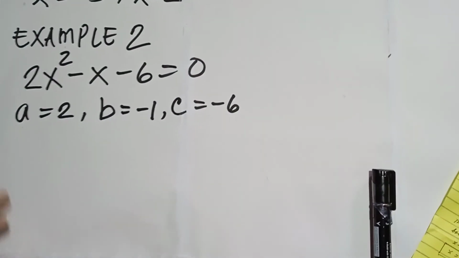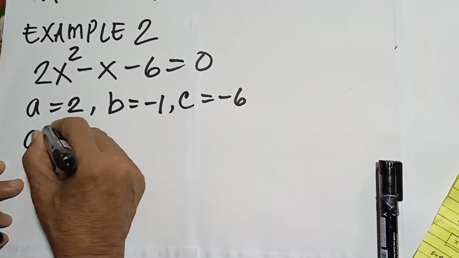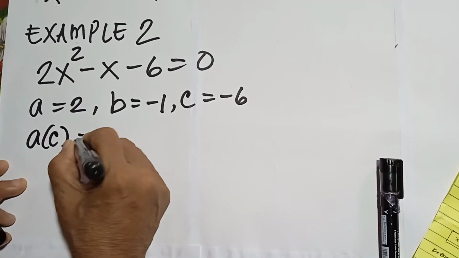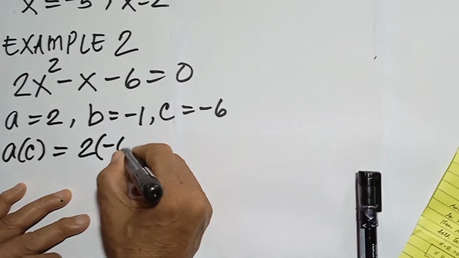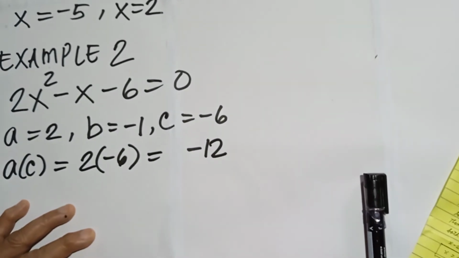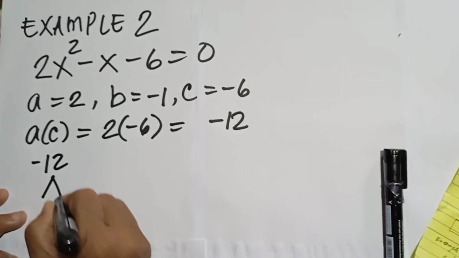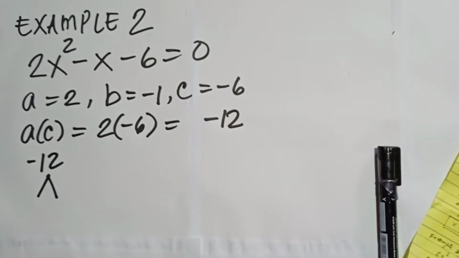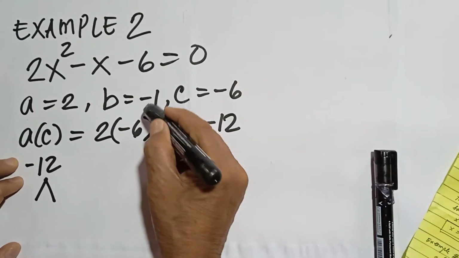The same process we are going to do. We multiply A times C, that is 2 times negative 6, which gives us negative 12. And right there, we are going to factor negative 12 such that the difference will be equal to negative 1.